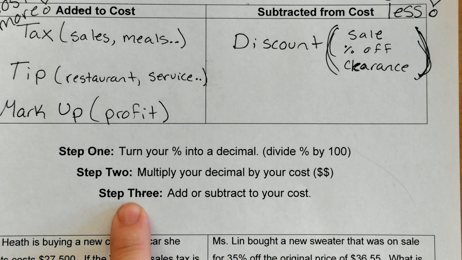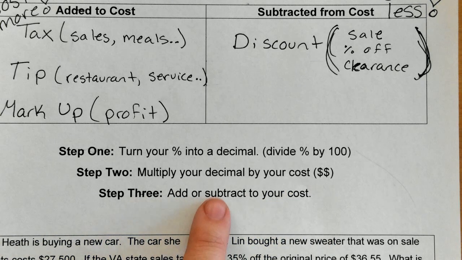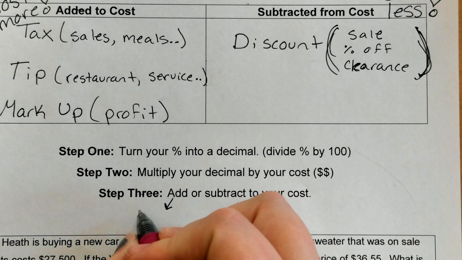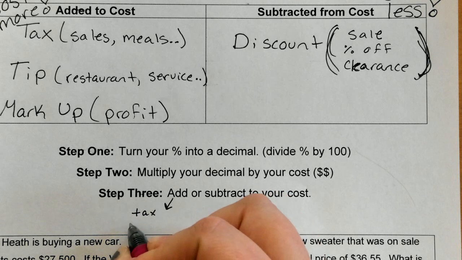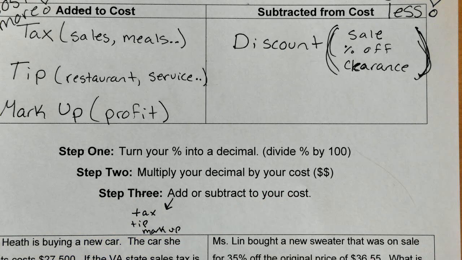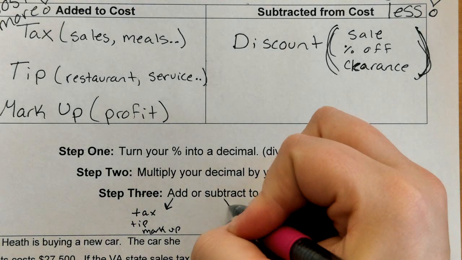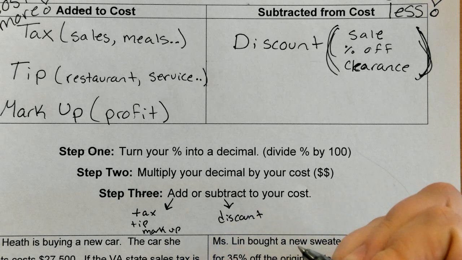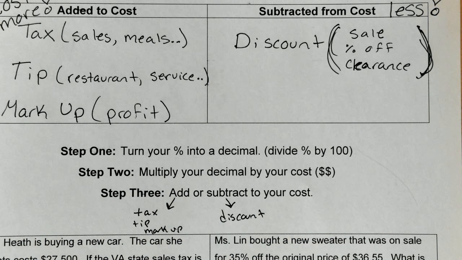Step 3 is where you're going to add or subtract to your cost. You add for tax, tip, and markup, and you subtract only when it is a discount or something on sale. So let's look at some examples.